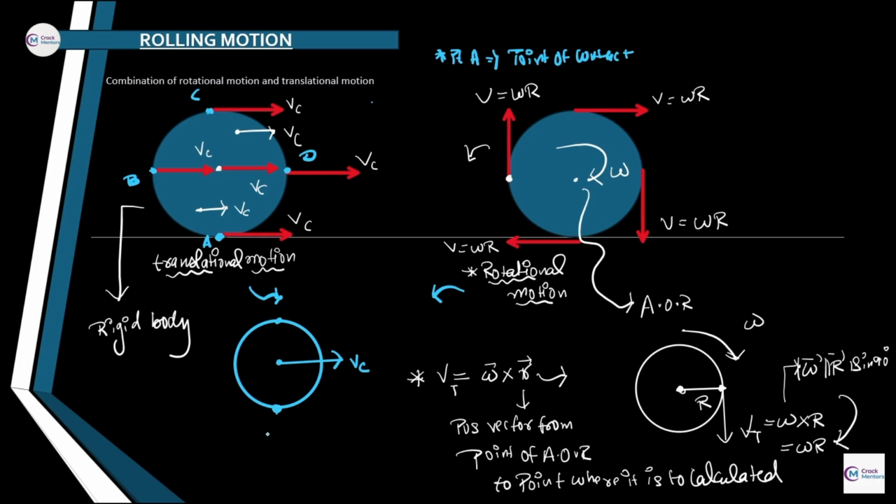Now this is the velocity which is equal to VC, as we know, because each and every point of the rigid body must have the same velocity as the center of mass velocity.